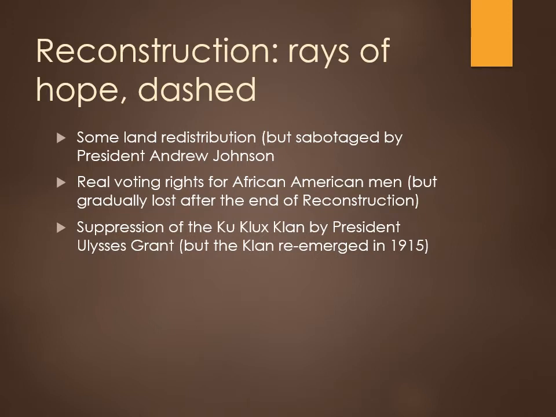There were racist organizations, openly white supremacist, violent organizations, the most famous of which was the Ku Klux Klan, but that was effectively suppressed by President Grant in the early 1870s, only to reemerge in 1915.